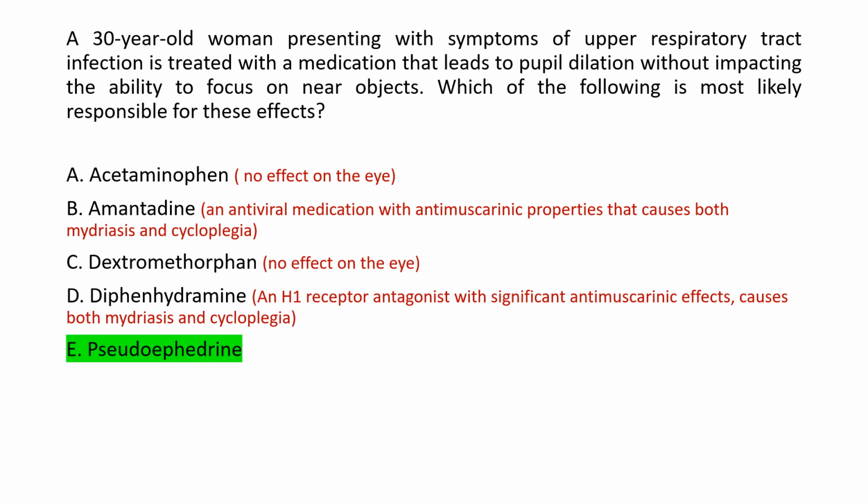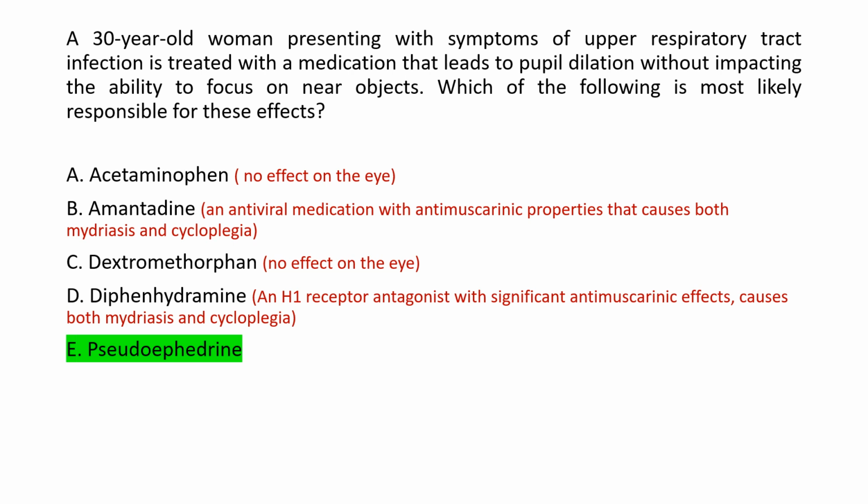Option C is incorrect because dextromethorphan is a non-opioid antitussive commonly used to suppress cough. It has no direct or indirect effect on the eye. Option D is incorrect because diphenhydramine is a histamine H1 receptor antagonist with antimuscarinic activity.